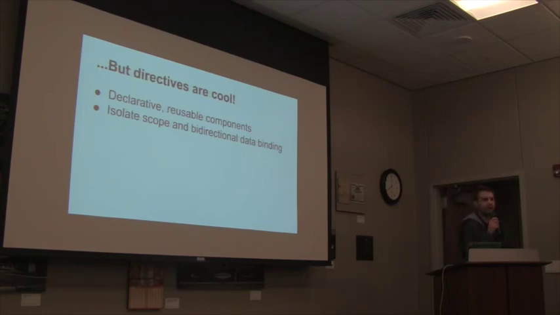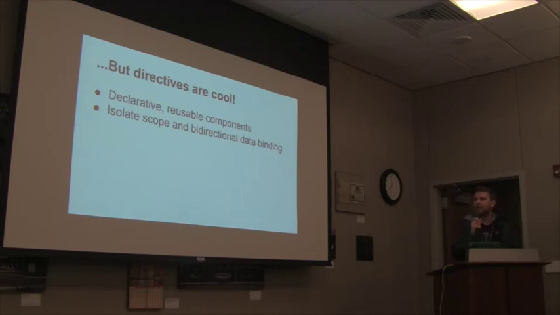But despite all that, I think directives are really awesome. If you can get over that hump of figuring out what all those things mean, you end up with some really cool declarative reusable components that you sprinkle throughout your app. And it simplifies the process of development in a big application, where you can build out these directives and share them throughout the application.